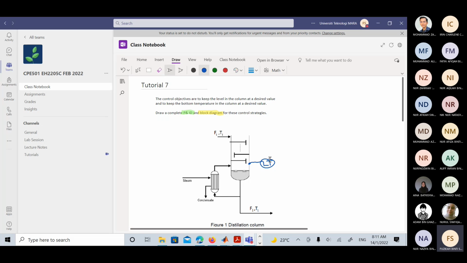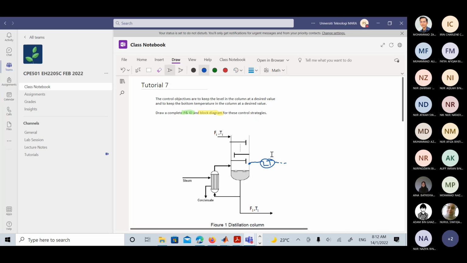Alright, so the second loop after the transmitter, what do we need in a feedback controller? The signal, and the signal will be transmitted to the level controller. Yes, level controller. Why did I draw dot dot dot? Because we refer back to the standard in drawing PNID.